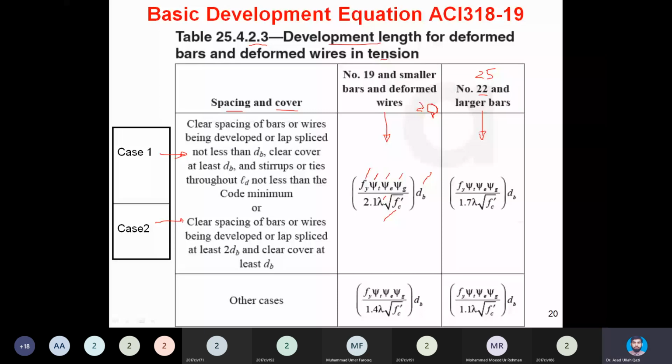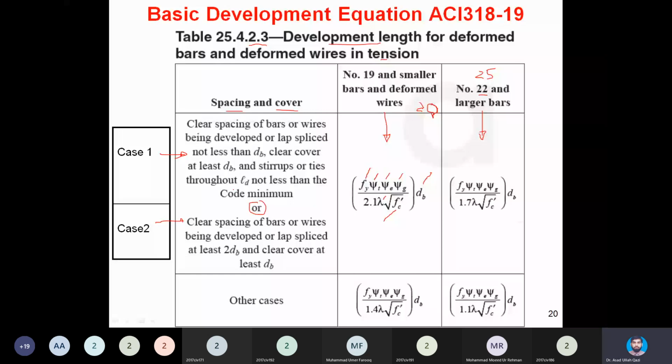Within the first row, in the spacing and cover description, they are providing you two options, and there is an 'or' in between, that if either case 1 or case 2 is present, you are allowed to use the first row. Now what is case 1 and case 2? I will explain it through some pictures on the next slide.